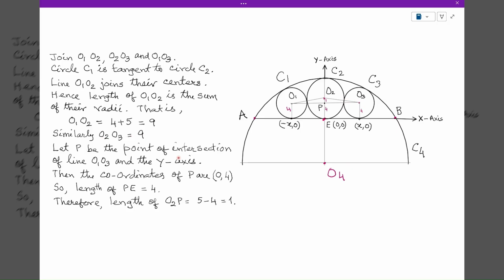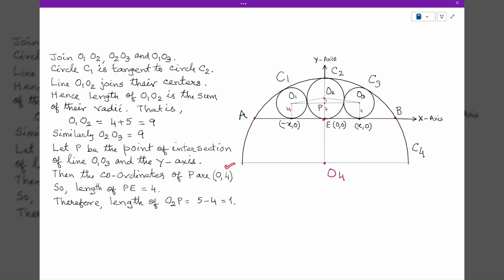Let P be the point of intersection of line O1O3 with the y-axis. Then the coordinates of P are, the x-coordinate has to be 0, and the y-coordinate will be the same as this, which is 4.